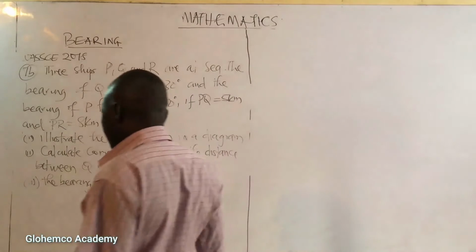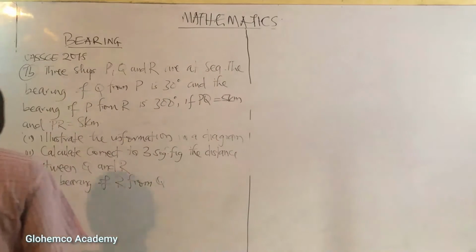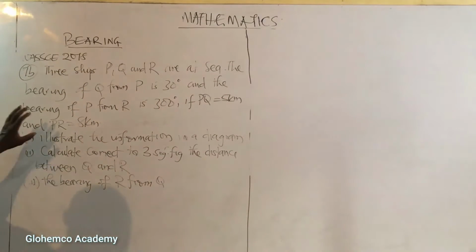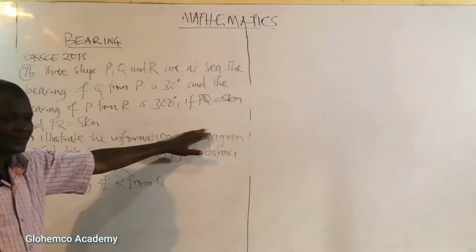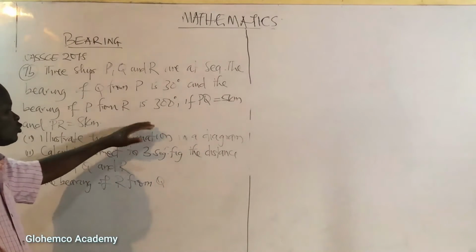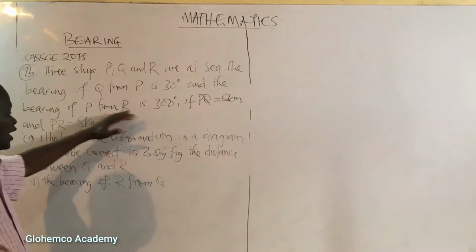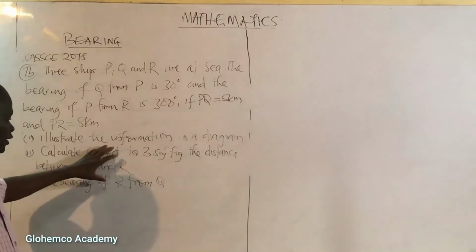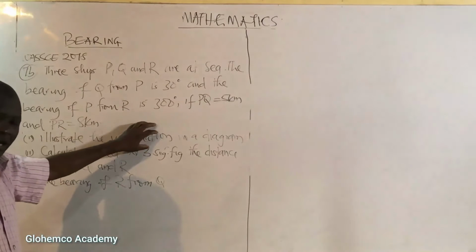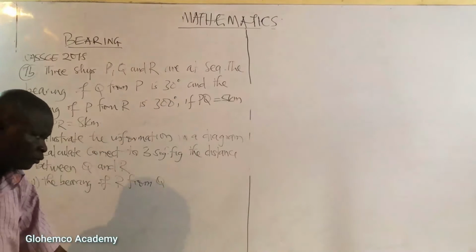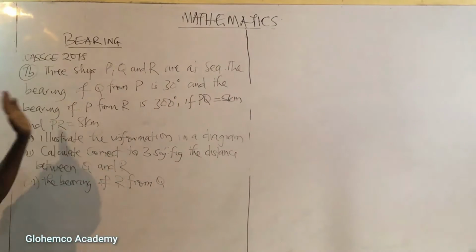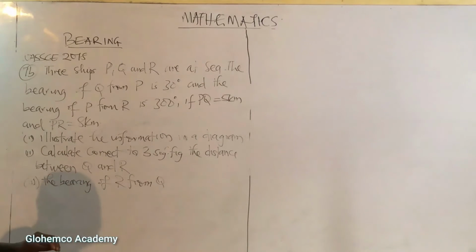From the past experience that we have during the marking, if you are to illustrate in a diagram like this, and you did not draw the diagram, even if you get the answer correctly, for the mere fact that you refuse to draw the diagram, your answer becomes 0. So that is why you have to follow what the question asks you to do.